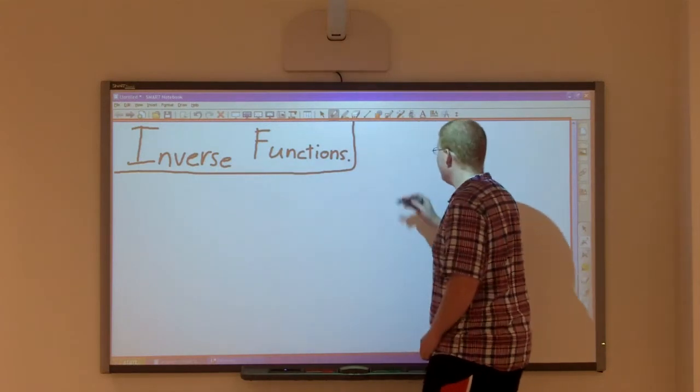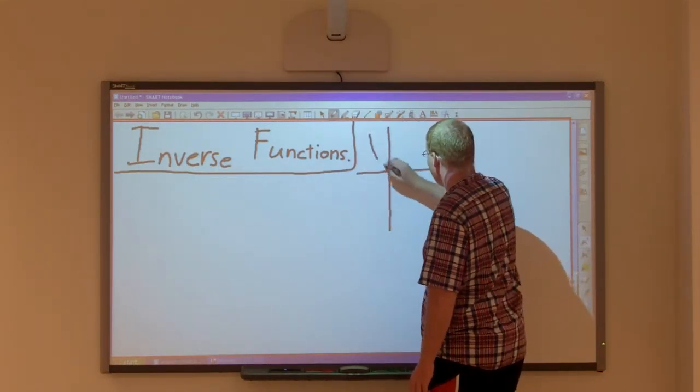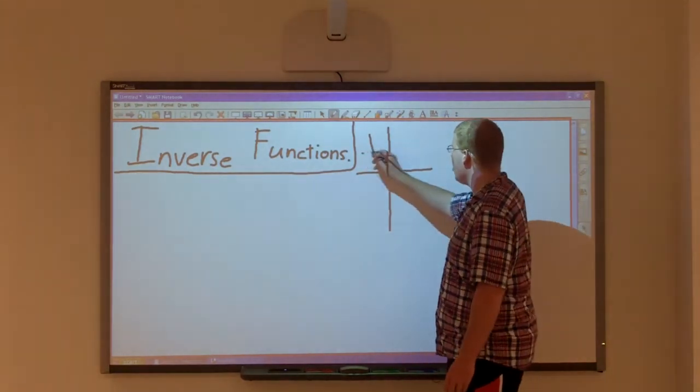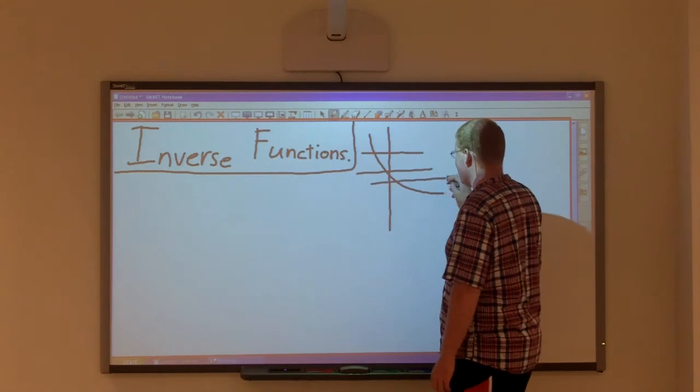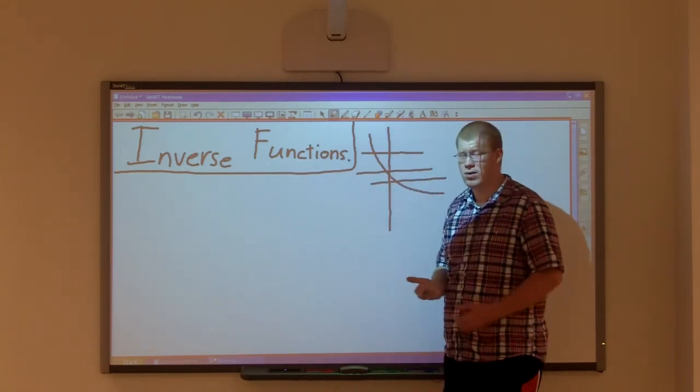Let's look at a function that looks something like this. We know that this function is invertible because it always passes the horizontal line test, meaning that the function does not cross a horizontal line at 2 points.